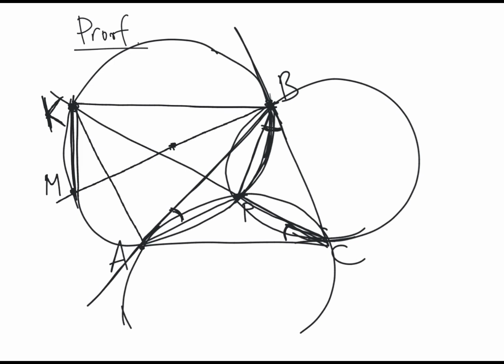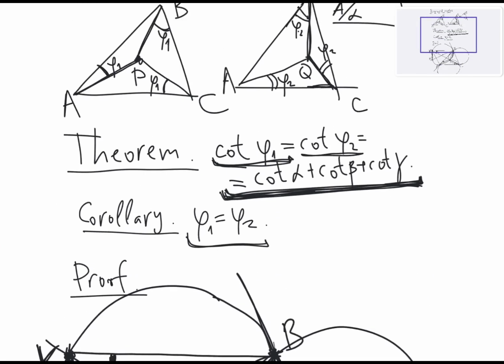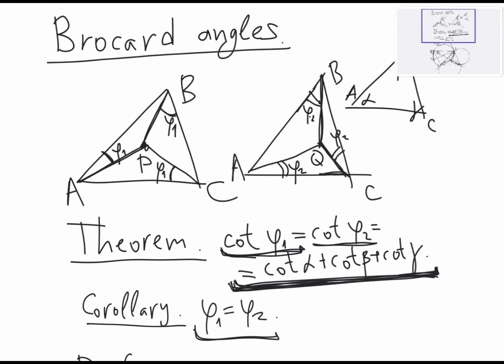Observe that this angle is also equal to phi1, like all these three, to the Brocard angle. By the way, I forgot to say at the beginning that the angles phi1 and phi2 are called Brocard angles. The points are called Brocard points of a triangle.